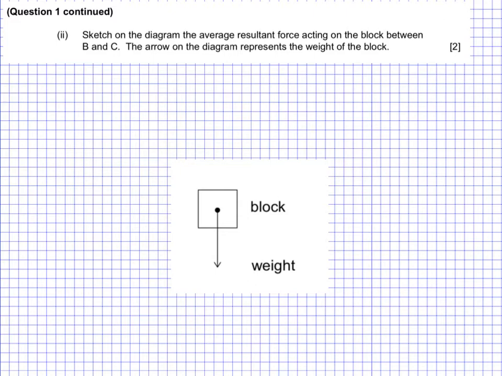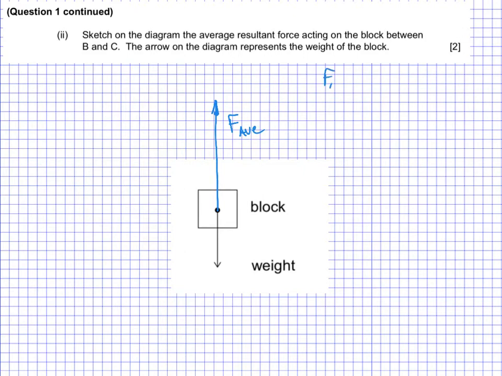So to create that deceleration, as we've said before in the previous question, there must be a force acting on the block that's bigger. So this vector arrow will be bigger than the vector arrow as a result of the weight. So this will be the average force. I'm going to put that as the force average acting on the block.